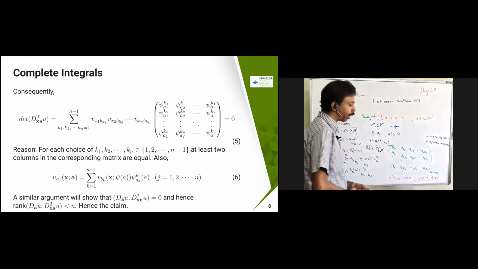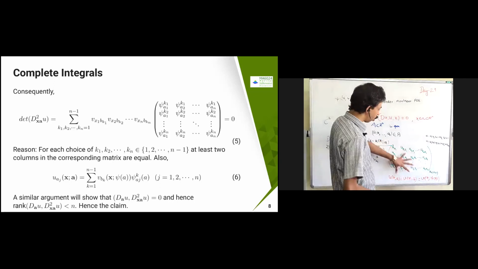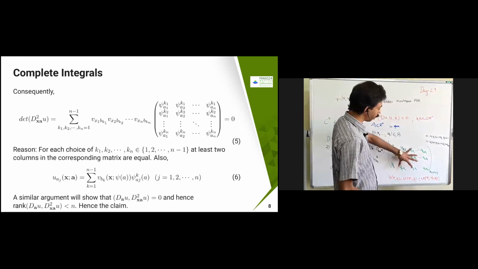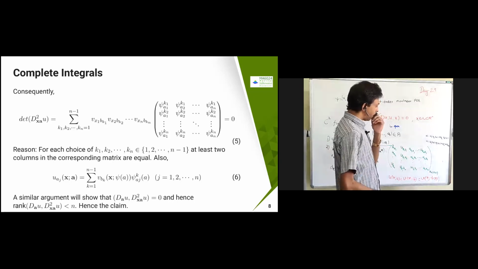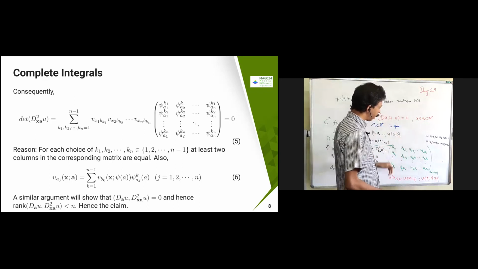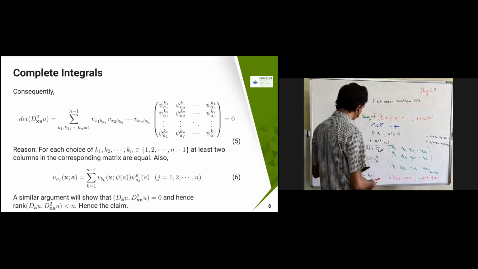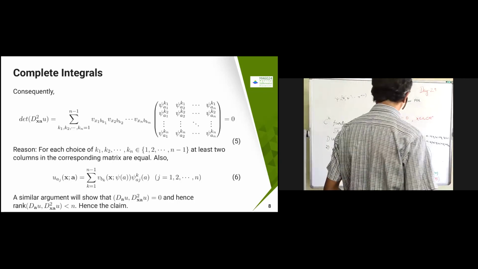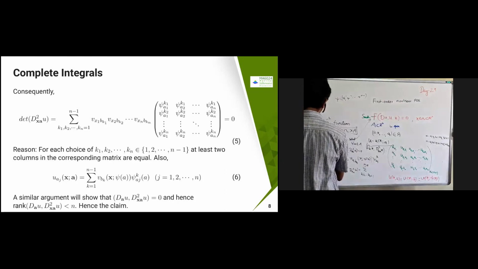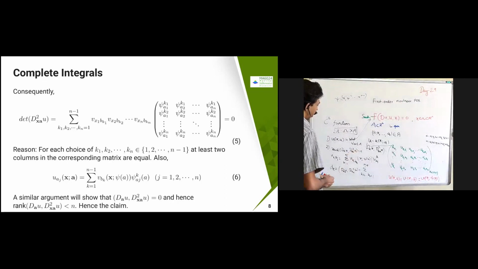Sorry, we just claim that this part alone. Removing this part, only this part I have proved that the determinant is 0. That means the rank of this matrix is going to be strictly less than n. Then we claim this is not going to be the solution, because it is a complete integral.